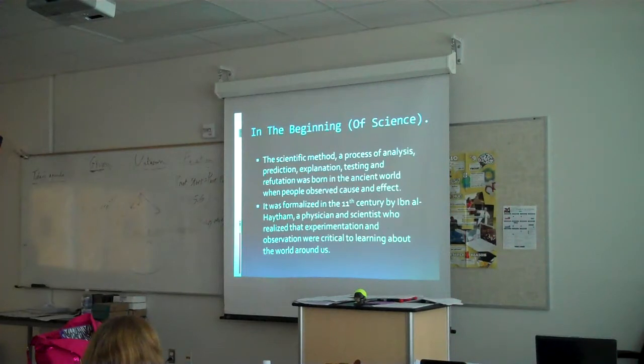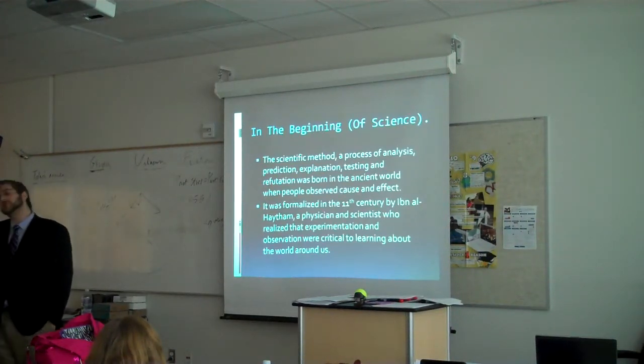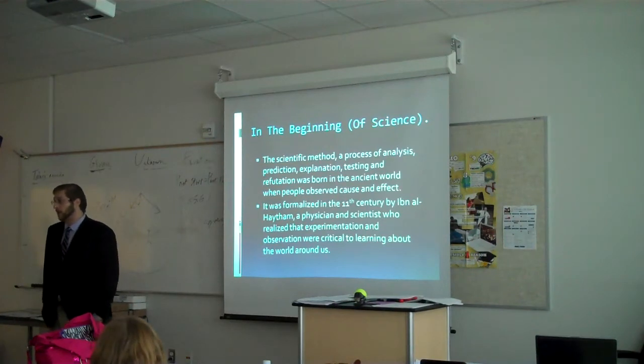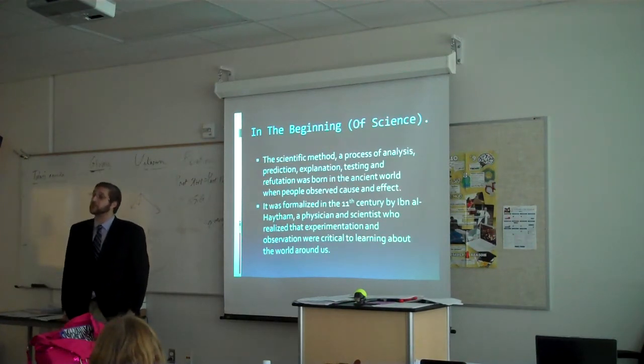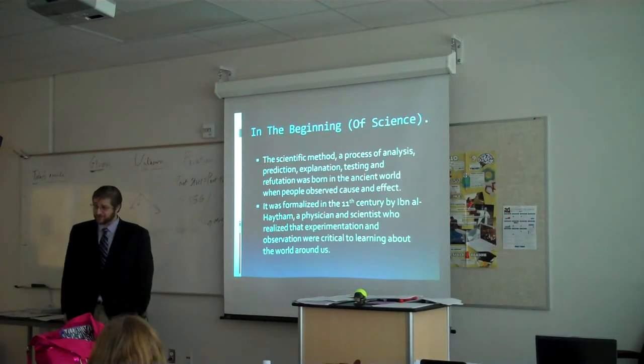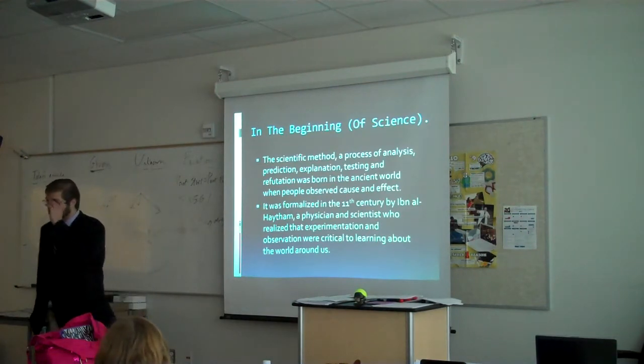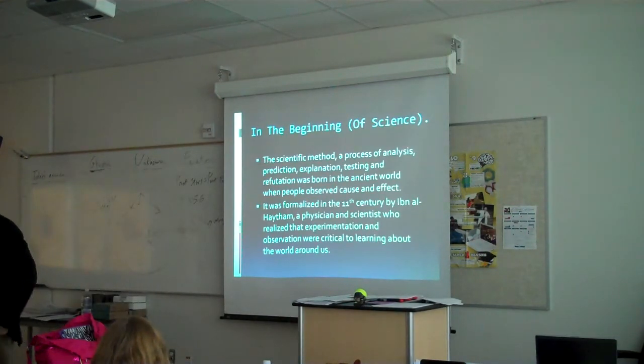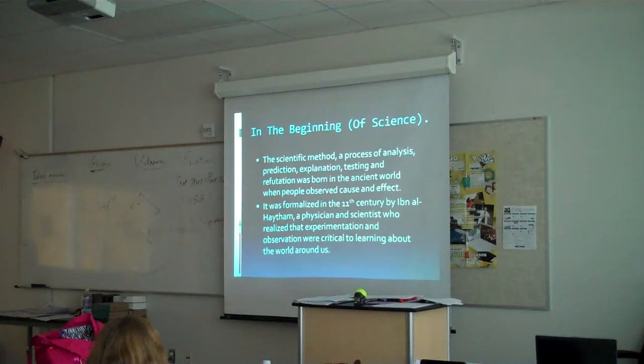He was a physician and a scientist, and he realized that experimentation and observation were critical to learning about the world around us. Because you can never be sure until you've checked and checked and checked. You can still be surprised. This was the beginning of the scientific method, and it happened in the Arab world because after the fall of Rome, we lost access to most of our knowledge.